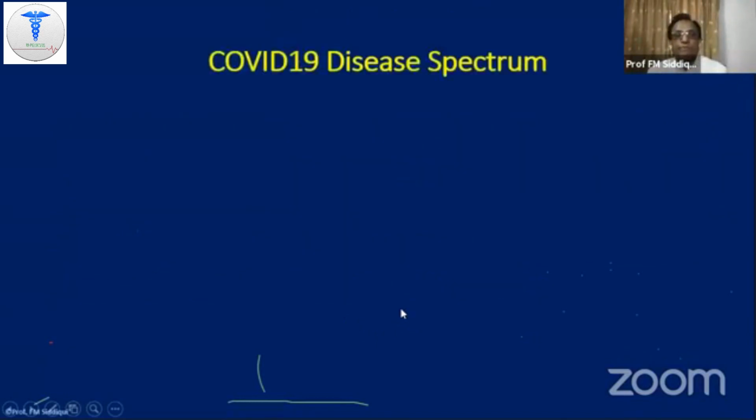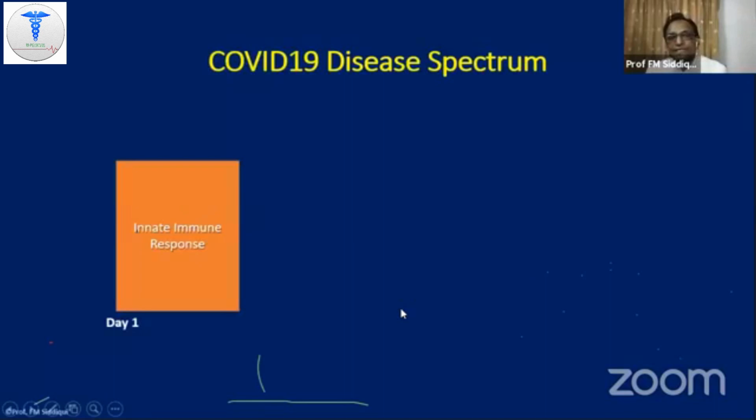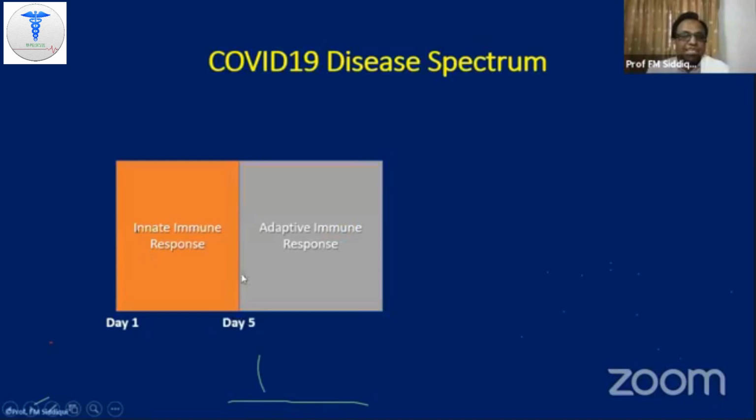Now, if I make a spectrum of the disease of COVID-19, you will see that on day one, as the virus enters the body, the innate immune system starts working against the virus. And by day 5, we see the activity of the adaptive immune system taking over.